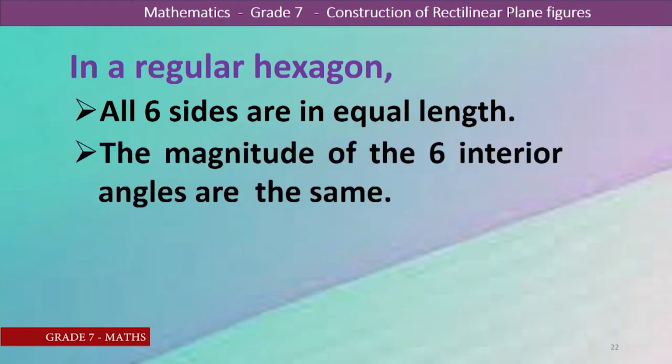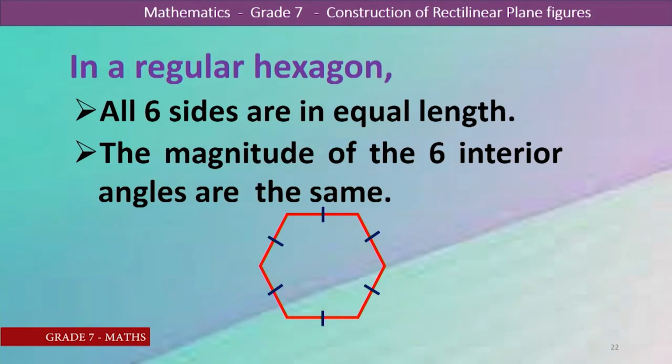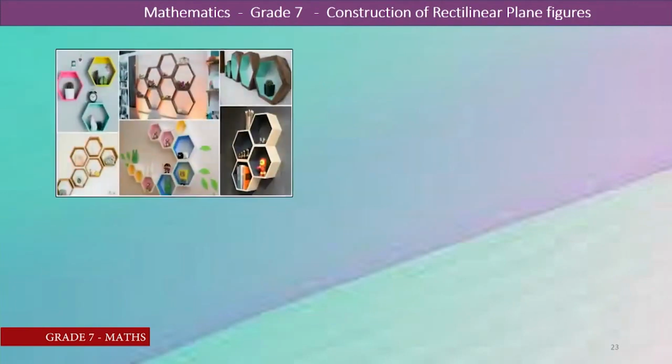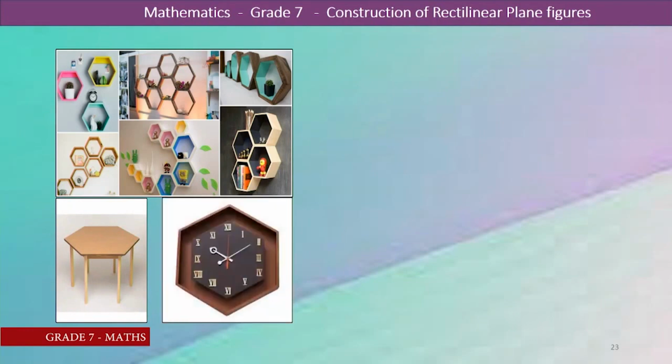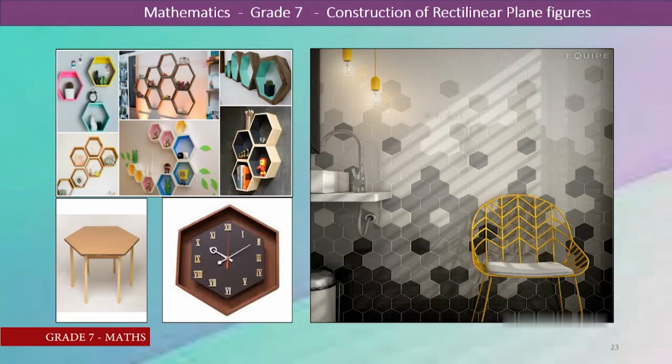The magnitude of the 6 interior angles are the same. And here, I have shown you a regular hexagon. Right. We will quickly have a look at some regular hexagons that you have seen in your day-to-day life. Here, once again, wall hangers, clocks, tables and wall tiles.